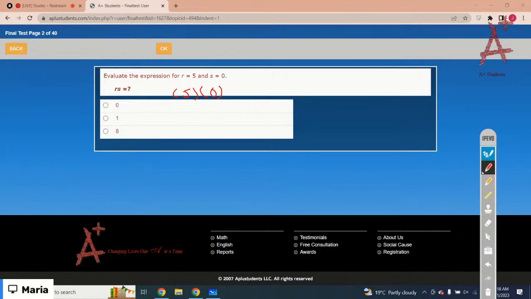So 5 times 0 is 0. So the correct option for this one is 0. Just select the correct option, then click on the OK button.